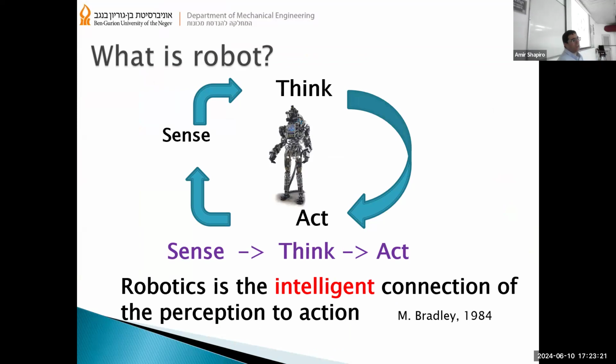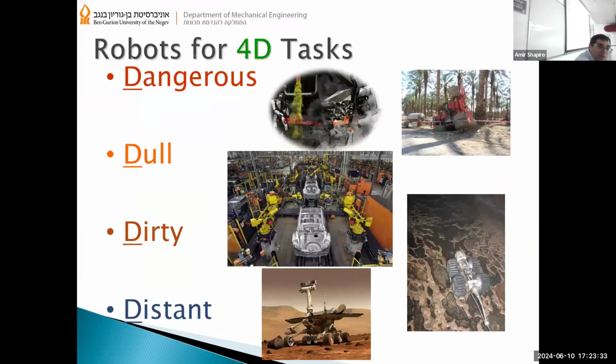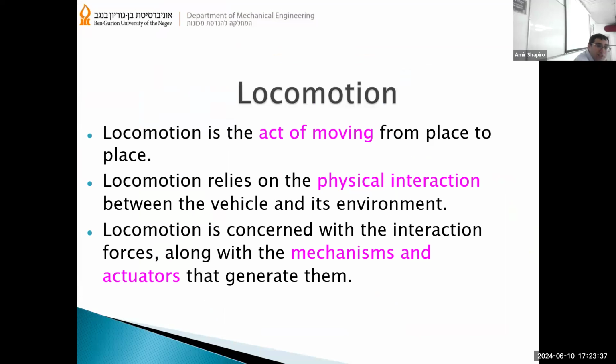This is a general presentation. So a robot is the intelligent link that connects perception to action, and robots are used for dangerous, dull, dirty, and distant tasks. Locomotion. The definition of locomotion is the act of moving from one place to another.